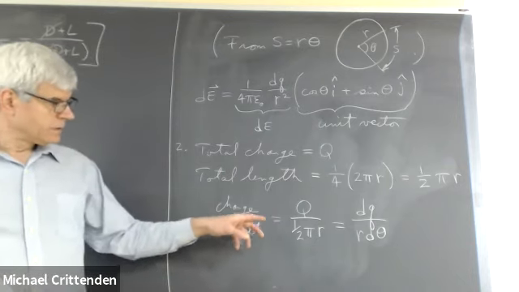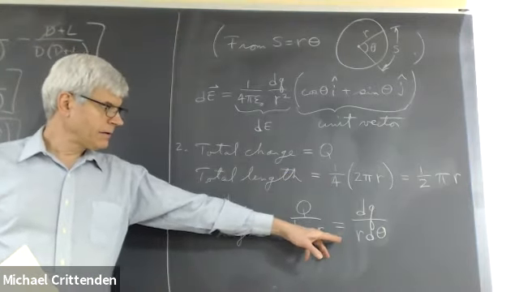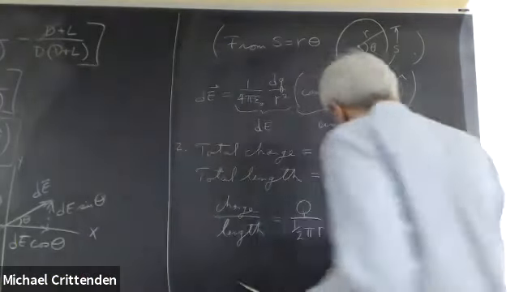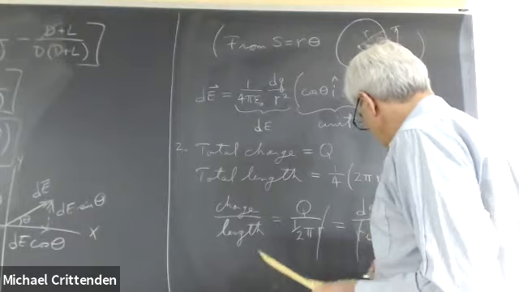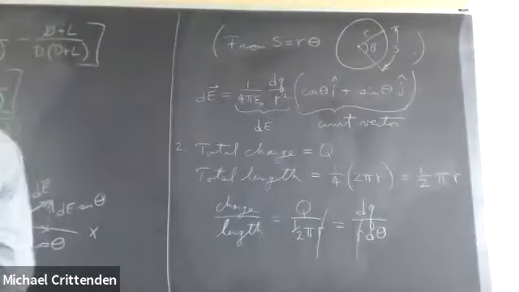So the length of the rod is that. I explained earlier that the length of the little piece is r d theta. The r's cancel each other out, which simplifies things down a little bit.